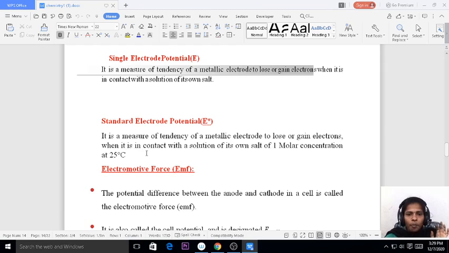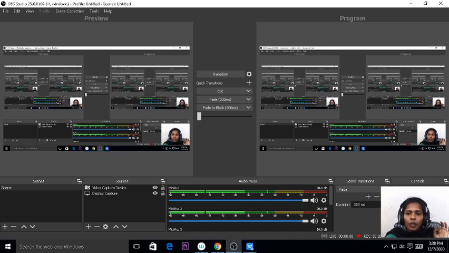So simply remember: the electrode potential value at room temperature and 1 atmosphere of electrolyte is called standard electrode potential. So this is electrode potential and standard electrode potential.